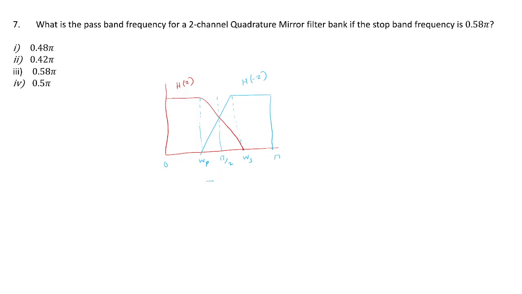Therefore these two gaps, since this is symmetric around pi by 2, are also the same: omega p to pi by 2 and pi by 2 to omega s.